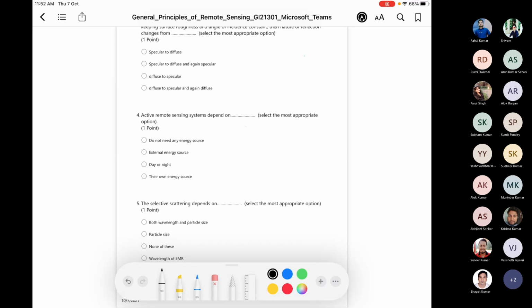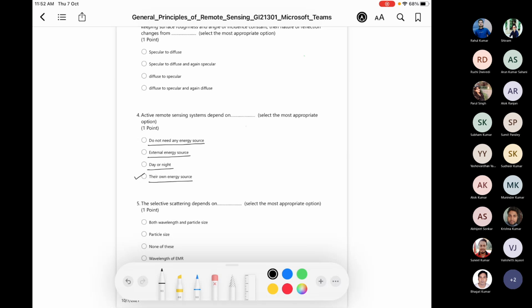Okay, this fourth problem: the active remote sensing systems do not need any external energy source, day or night, they have their own energy source. So this fourth option is correct.